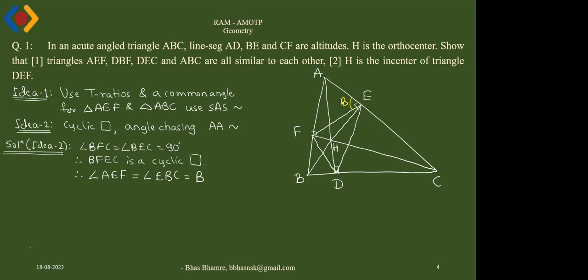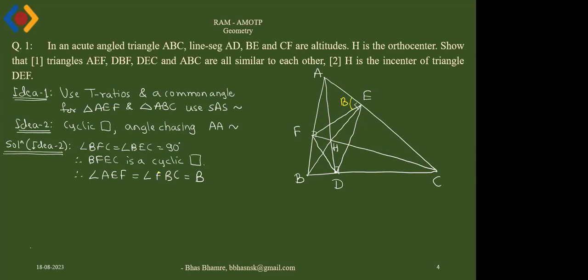Yes, Atharva, you want to ask? How is EBC equal to angle B, ABC? Oh, EBC I wrote. That should be FBC, sorry. I missed that. That should be F. Is it correct now?